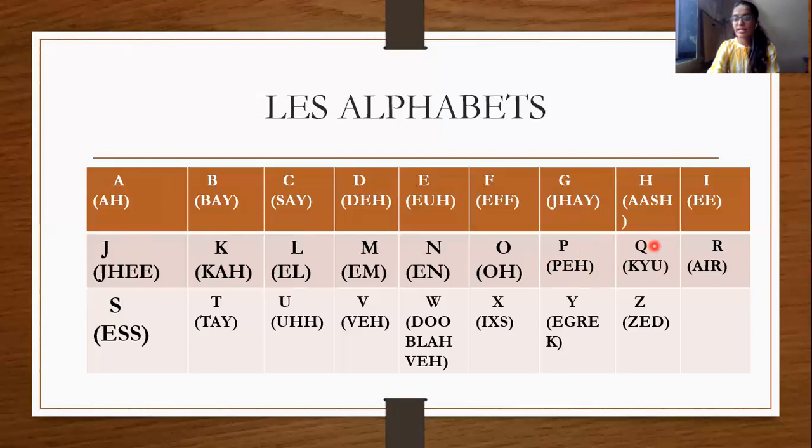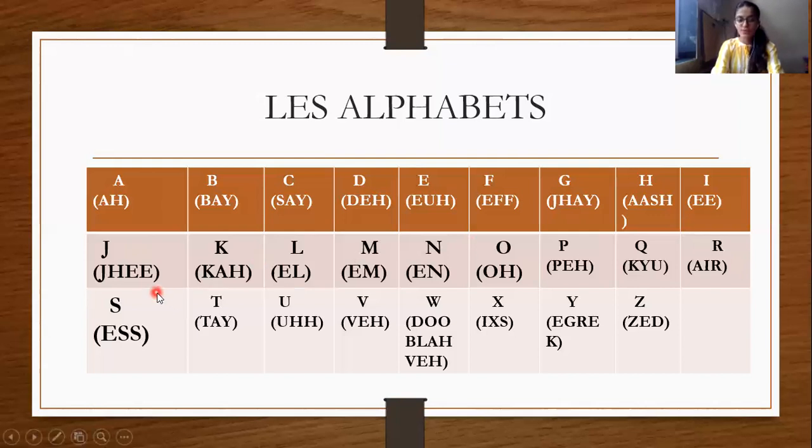Letter Q is pronounced as Hindi wala Q, Q. The letter R in French is pronounced as air. While you're pronouncing R, just try to stretch it a bit. It's air. Great.